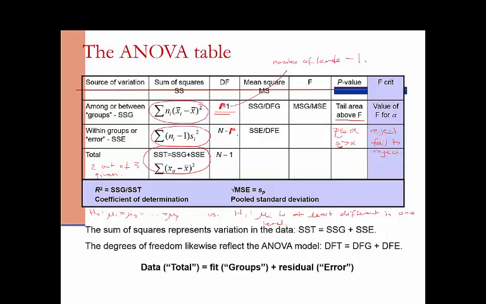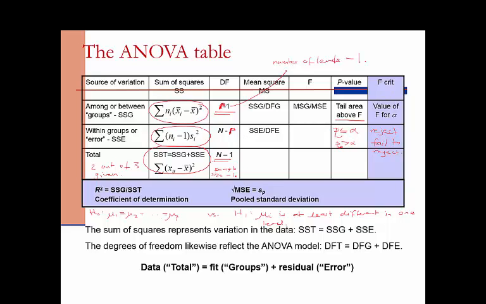Now it's easier to find the degrees of freedom of the total. This is total sample size minus 1. Sample size is n. Let's say you collected 100 data points: 20 in location A, 30 in location B, 20 in location C, and 30 in location D. Well, then this would be 99.